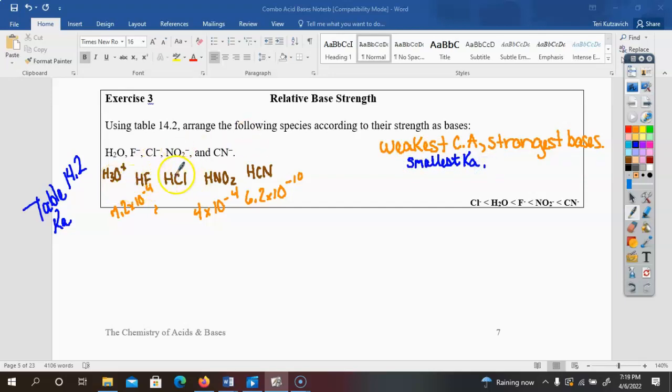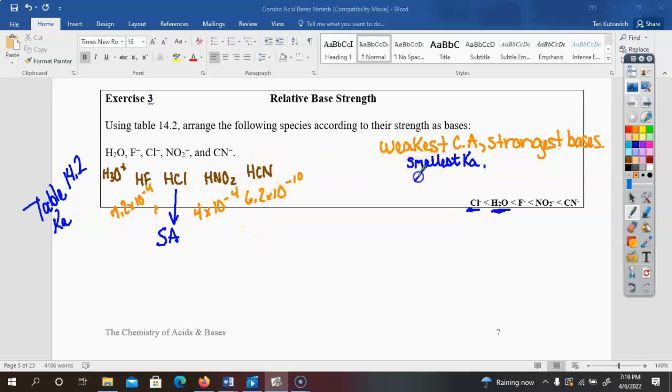All right. I also know that this is a strong acid. So this strong acid is not going to have a strong base. So I know right off the bat that Cl negative has to go last. And I also know that this H3O is almost as strong as a strong acid. So my H2O will be next. What do I do with these?